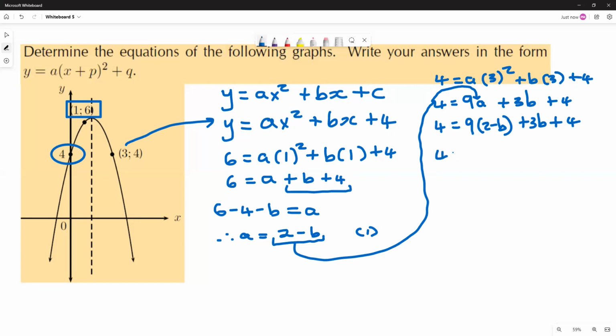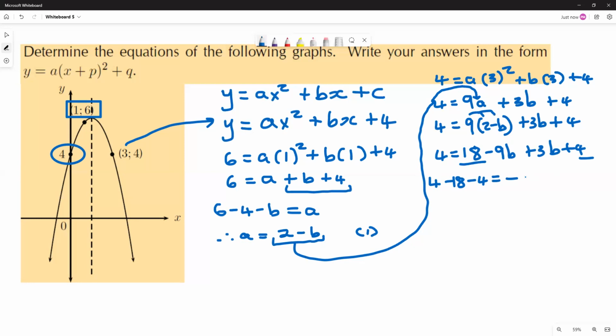Then you have 4 equals 18 minus 9b, as you multiply the 9 into the bracket, plus 3b plus 4. And we're going to have 4 minus 18, then minus the 4. So you take these to the other side, they change the signs.